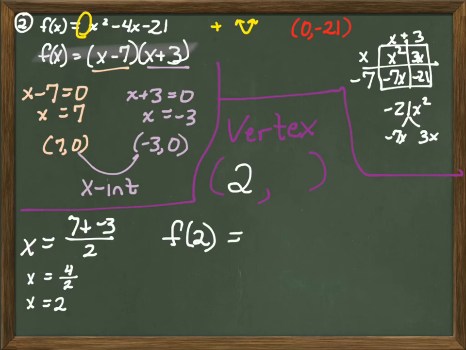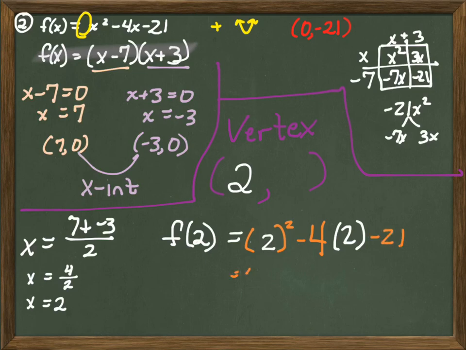And so when I plug that 2 in, it ends up looking like this. 2 squared minus 4 times 2 minus 21.